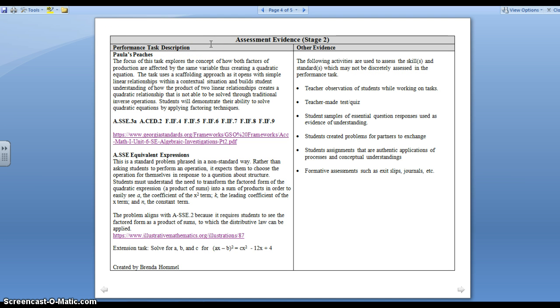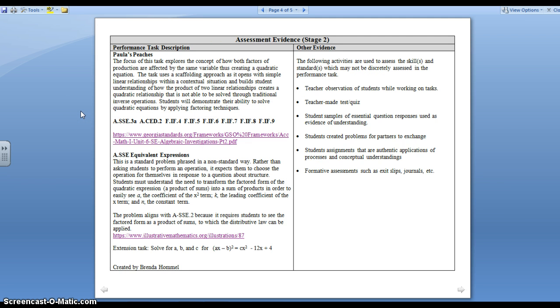The performance task is an authentic and complex way of making sure students have conceptually understood the information and skill you wish them to acquire. Notice the performance task is given by name, includes a description, and the standard or standards that are assessed. Most tasks also include a direct link to the task.